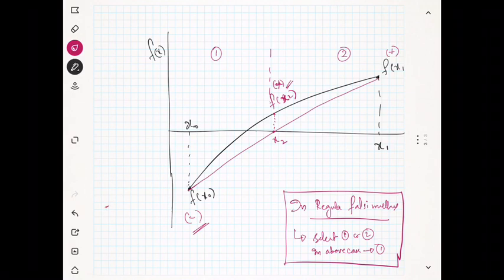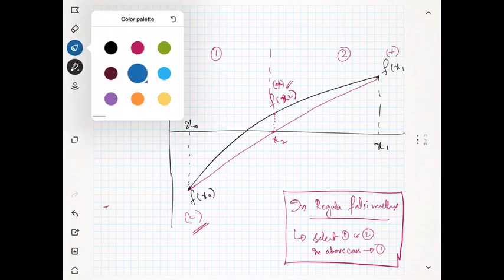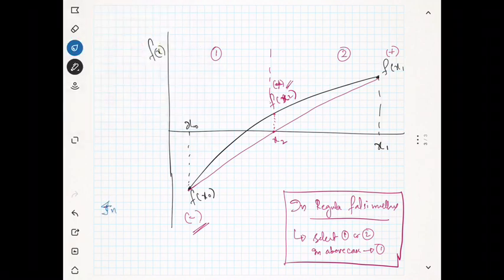So in the secant method you will not care about the interval. So what will you care about?